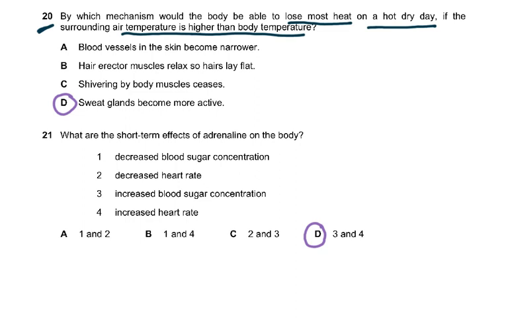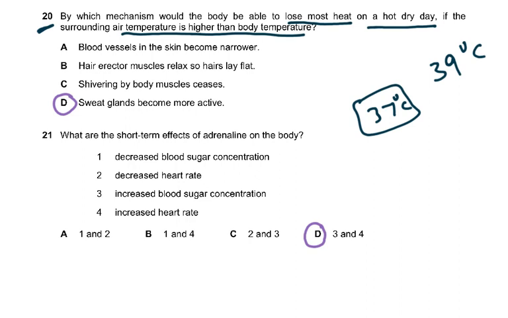So you can't lose heat in many ways, because if the environment temperature is higher than the body temperature, it means that your body temperature is at 37 and the environment temperature is at 39 degrees Celsius.